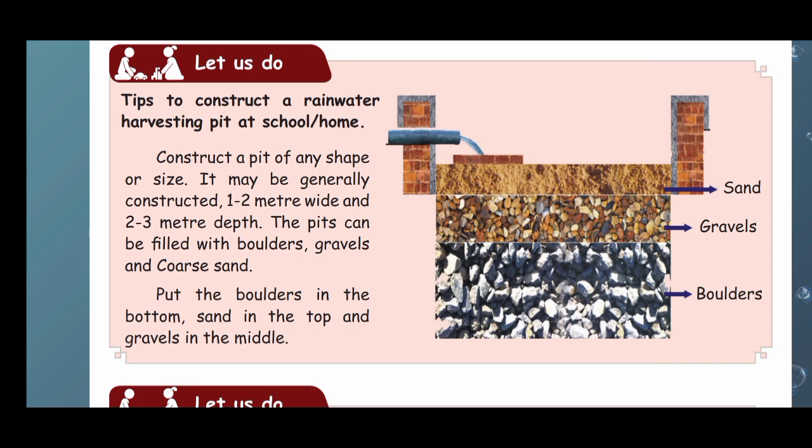So the water going through this process will be purified and left to the ground, so that the groundwater level will be increased and the groundwater will be good at all times. So we will not face any scarcity of water when the water is required. Put the boulders in the bottom, sand in the top and gravels in the middle.